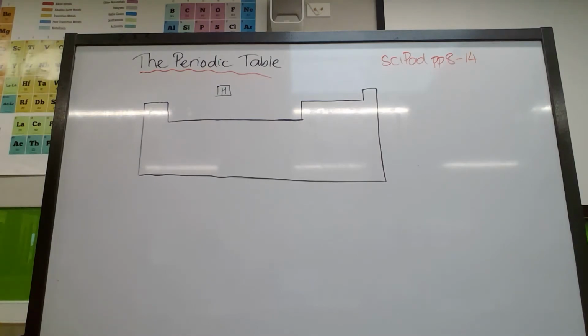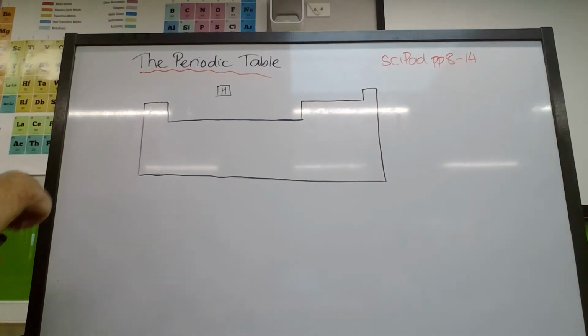So the type of bonding that it has, if it makes an ion, what charge that ion might be, that sort of thing. So you might be asked to make those inferences in a question, or have to use that to work out the ion of something when writing its formula.